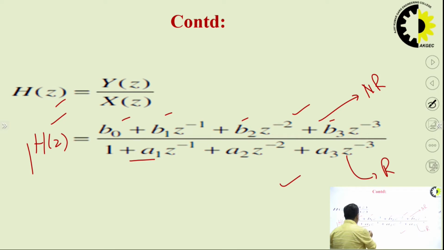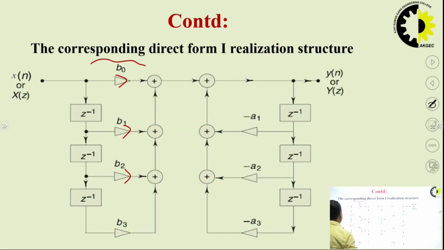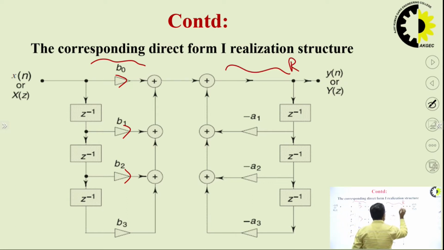If here it was minus A1, then in the structure it will be plus A1. Why? Because we are taking the feedback here; we are taking the output to the input again. So this is our non-recursive part and this is our recursive part. In this way, we can realize our IIR digital filter structure using direct form 1.